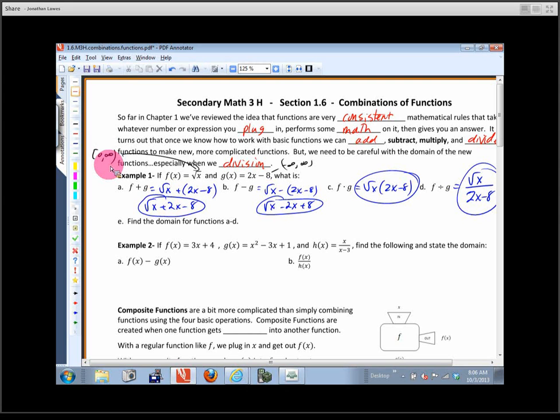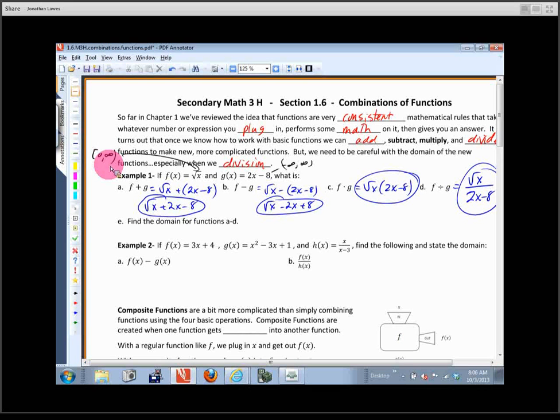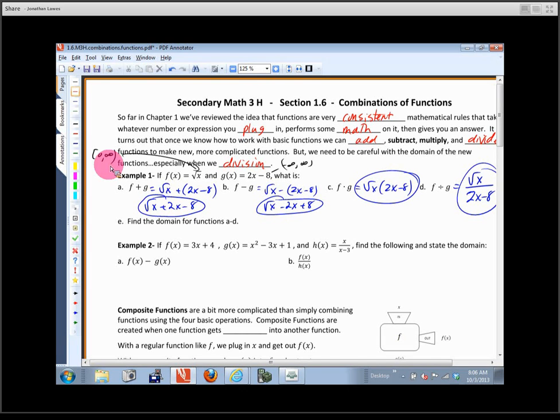Now, when you put 2 functions together, to figure out what the domain is going to be, it's at least as small as the smallest of the 2 domains, maybe even smaller. So which of these 2 is smaller? From 0 to infinity or from negative infinity to infinity? 0 to infinity, okay? So the domain on this one is going to be from 0 to infinity.